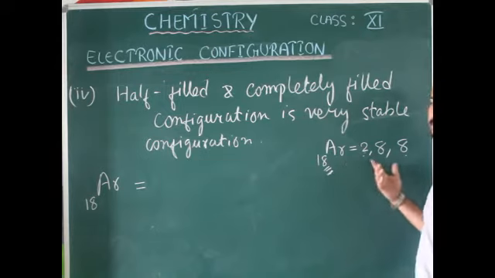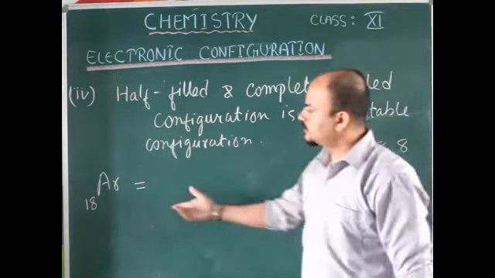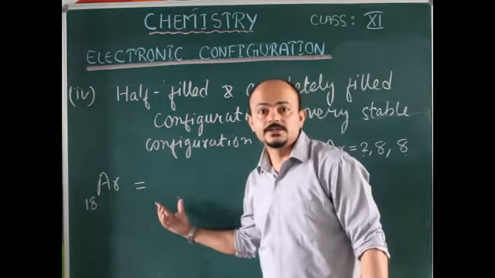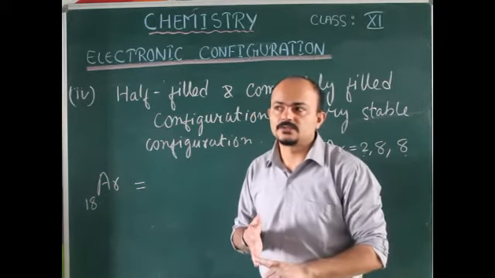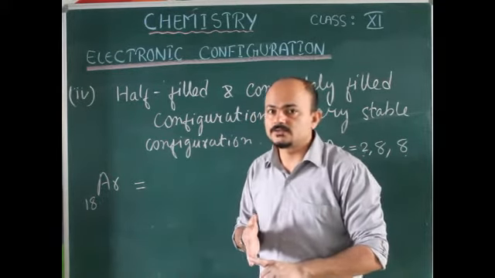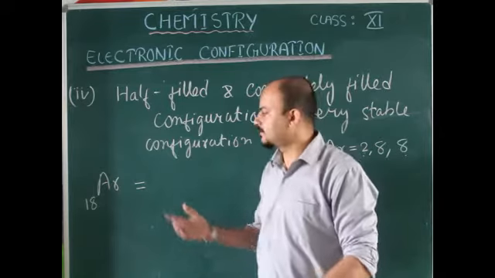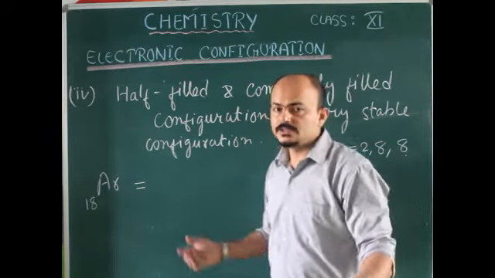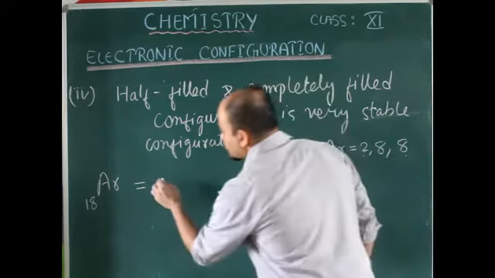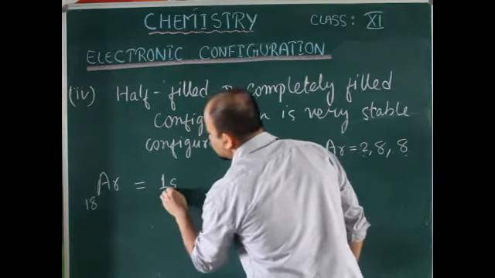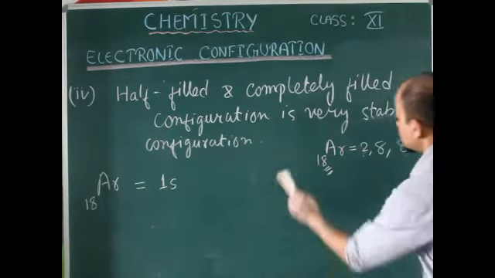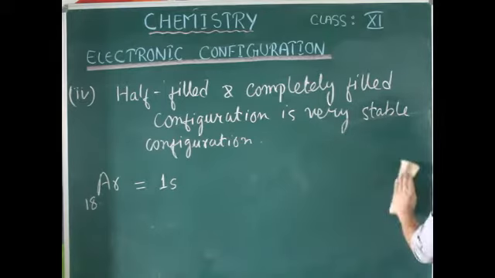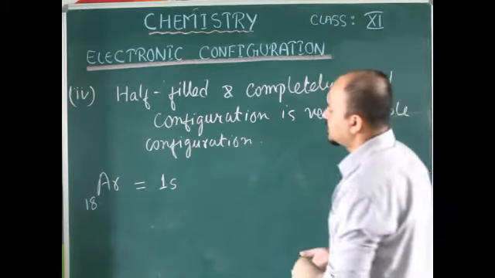Now this way of writing is different from whatever we are going to write here. Here, all the principles that we have discussed so far today will be applied. Aufbau principle tells us what? Electrons are filled from lower energy level to higher energy level.